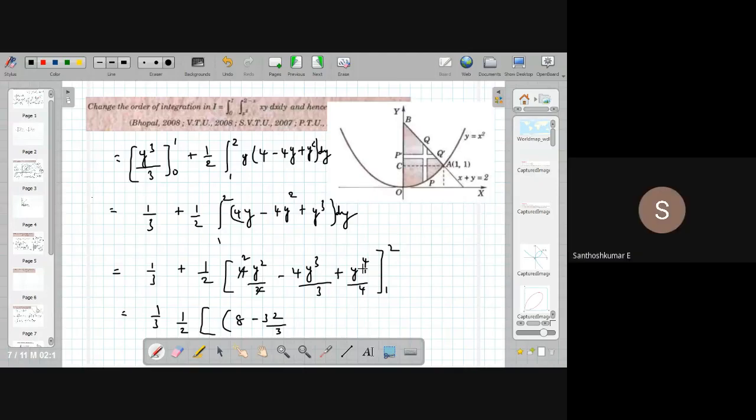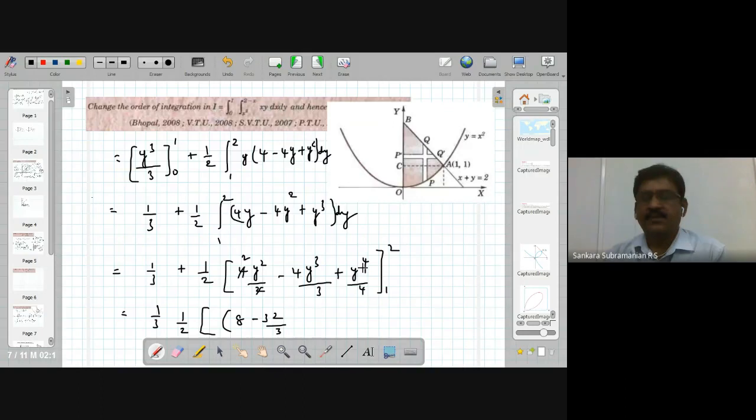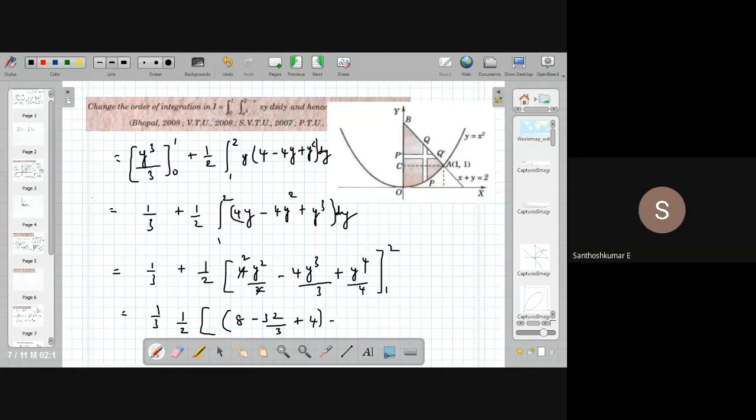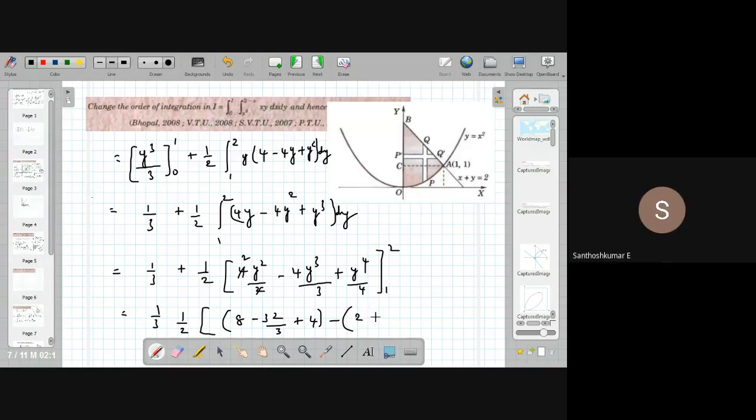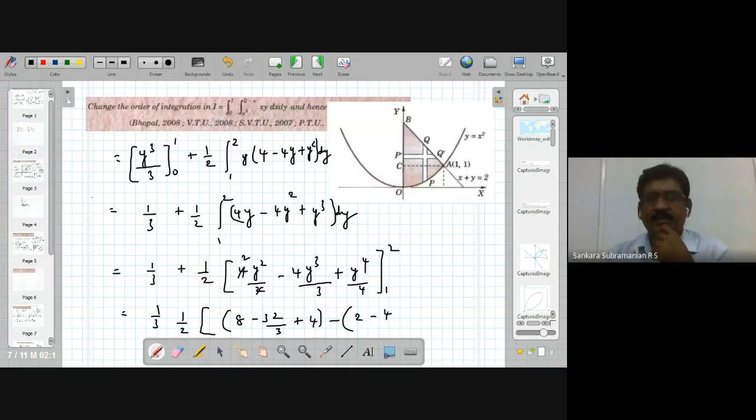Plus 16 by 4. 2 2s are 4, 4 4s are 16. Or 4 போயிரும், ஒரு 4 இருக்குமா plus 4. Yes sir. Upper limit minus lower limit you get 2, 2 மட்டும் இருக்கு sir. Minus 4 by 3 plus 1 by 4.